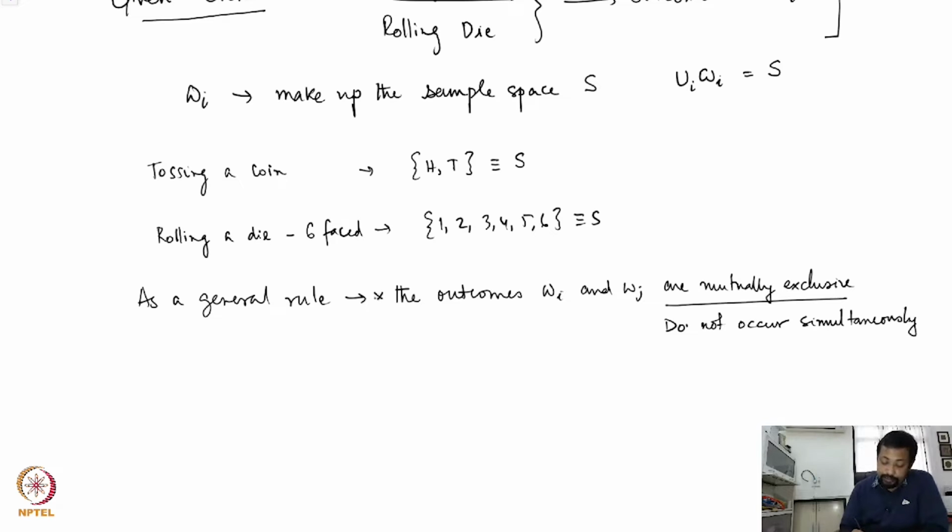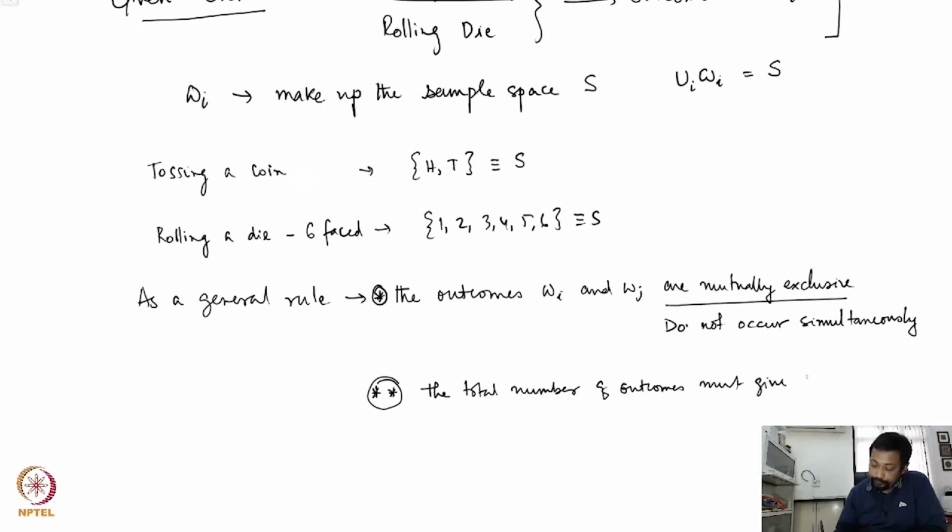This is my first. The second one that we also want to look at is that the total number of outcomes must give you the sample space.